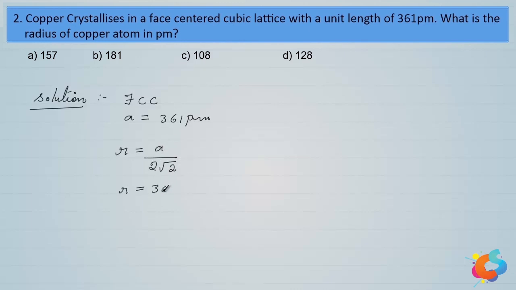Therefore, R is equal to 361 into 10 to the power minus 12 meter, which is 1 picometer, divided by 2 root 2. Upon solving, we get the value of R as 127.6 picometer, which is approximated as 128 picometer. And hence, the right option is option D.